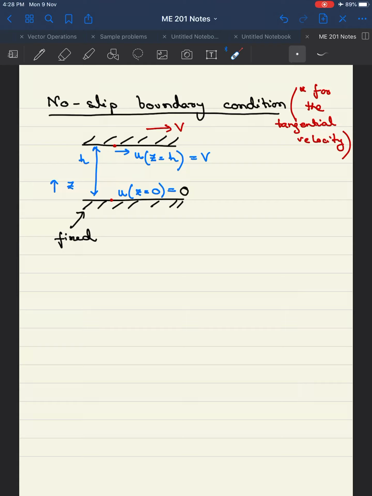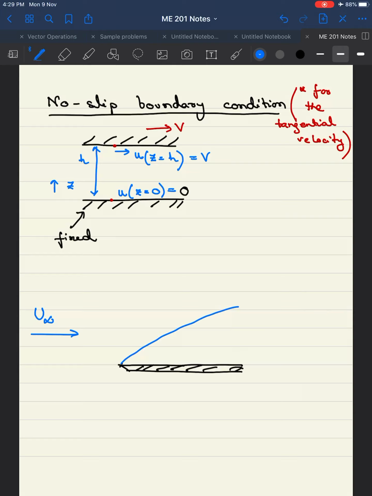So often, for example, people draw flow over a flat plate. Let's say you have a flat plate like this. I'm sure you have seen these things in your undergraduate class, but we will just quickly do that. Then we have flow coming in at u infinity, and you have a velocity profile that develops at the wall.